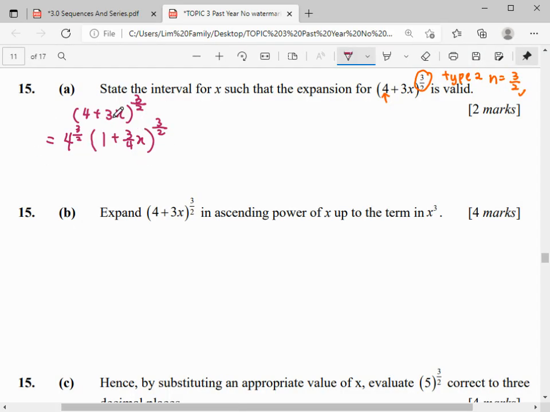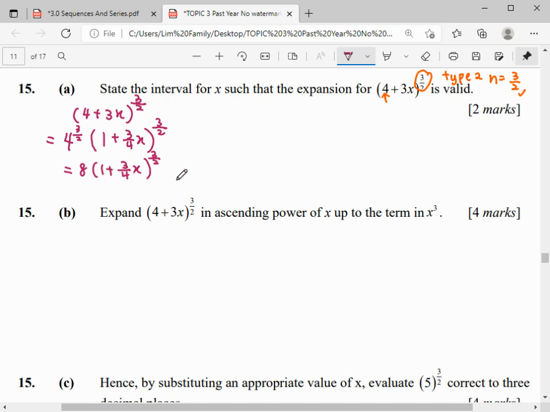After we factorize, we have to simplify. We press the calculator: what is 4 to the power of 3 over 2? It is 8. Okay, so that is our simplified form, the simplest form.